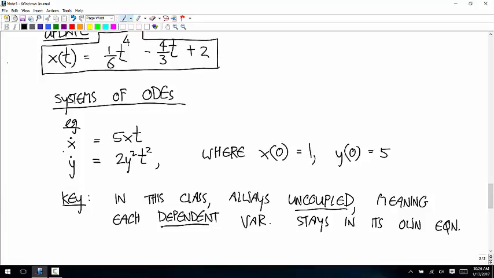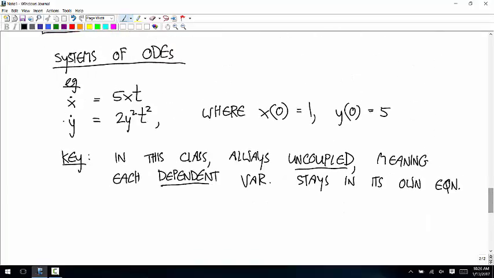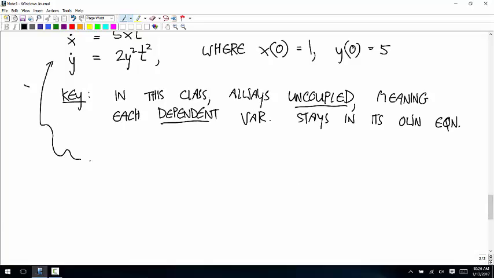All right, well, let's solve this example. So I'll do the x equation first. dx/dt is equal to 5xt.